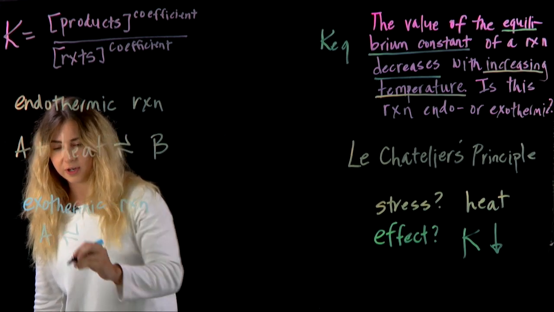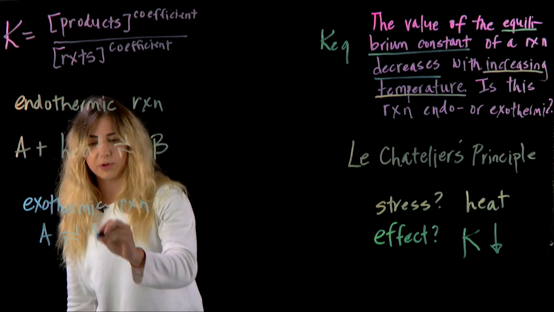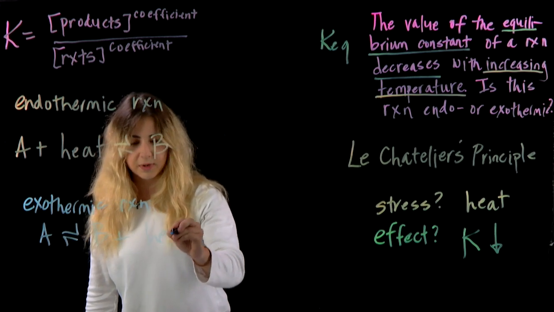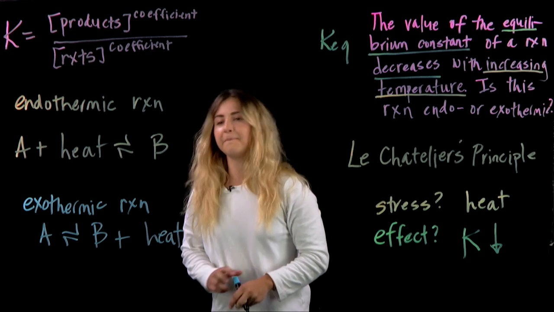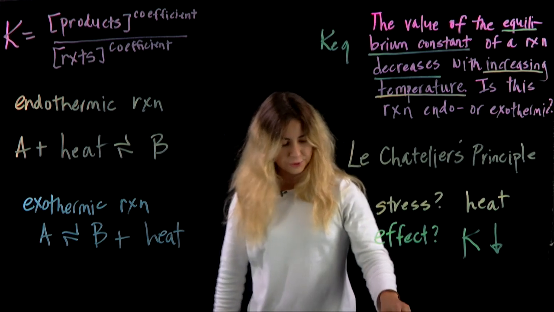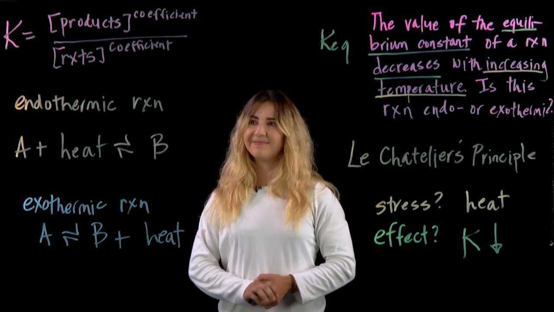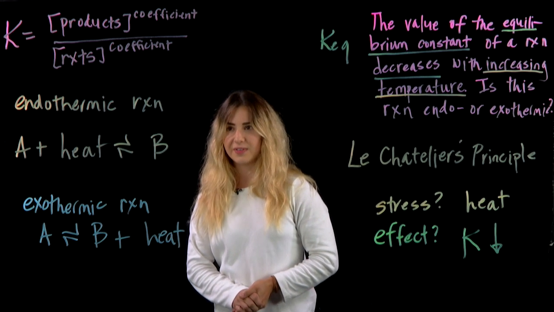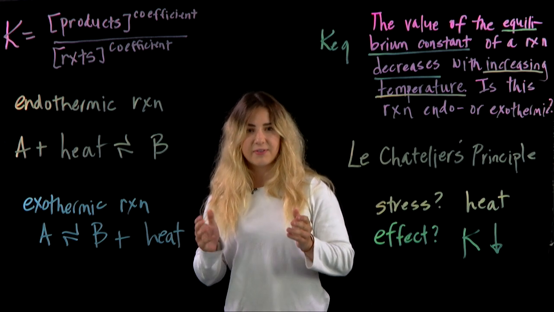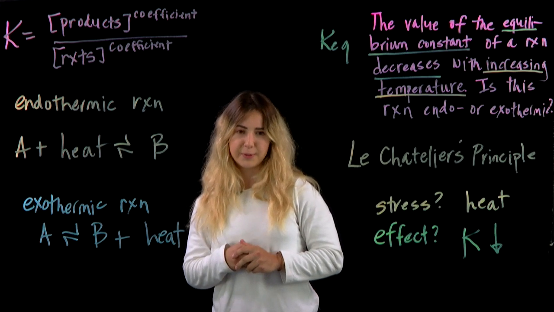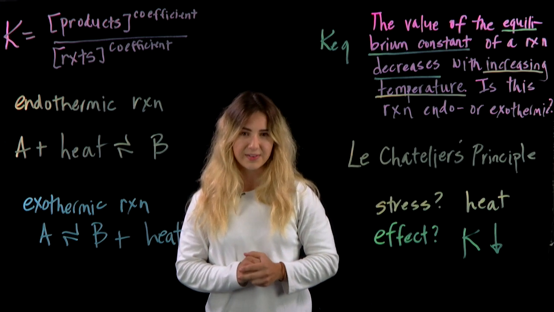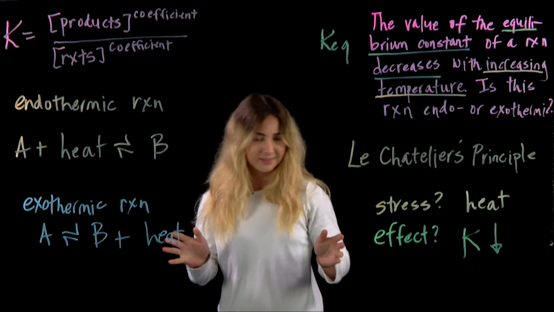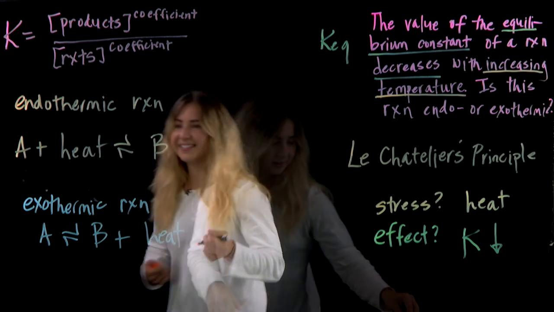So we have our starting material A again, except this time we're producing two products, one of them being heat. So now let's write out some equilibrium constants for each of these and see what the effect of adding heat is on the equilibrium constant and compare that to the information given in our problem. Then we could solve it without having to think too hard.